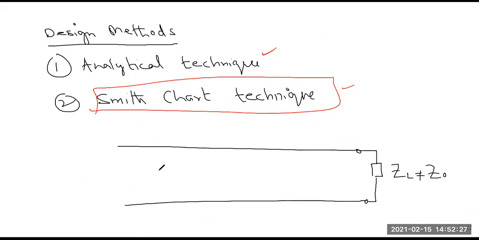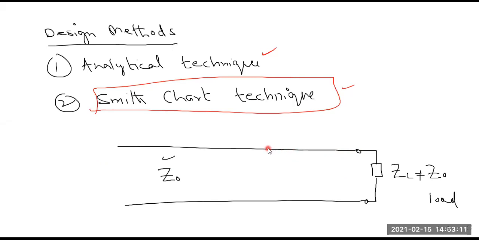So we have this problem that our system Z0 does not match with our load, and we are going to rectify this problem with the help of a stub. As you move along this transmission line from the load towards the source or generator, which is connected to the left side of this transmission line, at each and every point of this transmission line the impedance will be changing. We already know from our impedance equation that at each and every point, impedance is going to change.